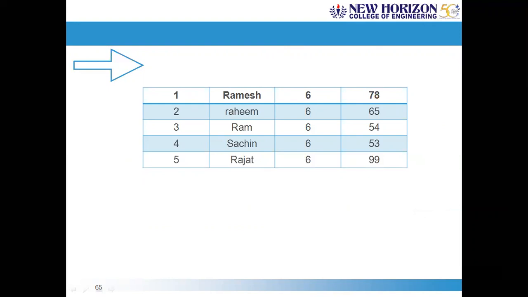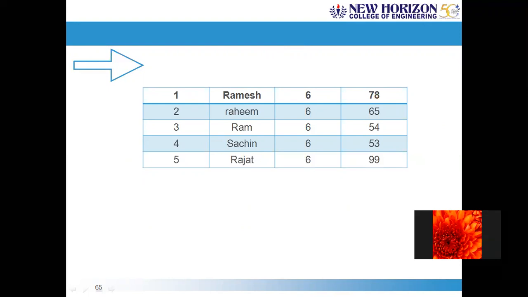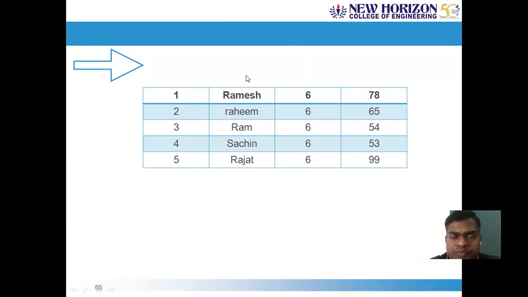Once you are able to access the first row, your virtual pointer will be like this. Initially it will be pointing to the first row and extract the four attribute values: getInt, getString, getInt, and getInt.